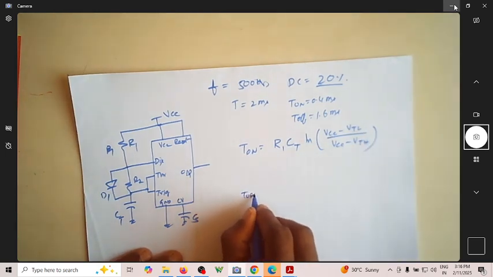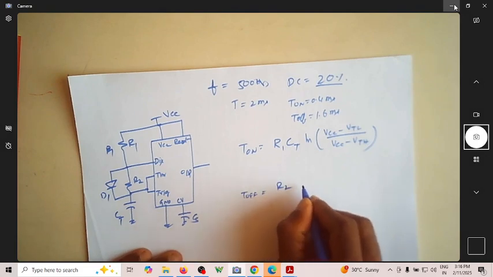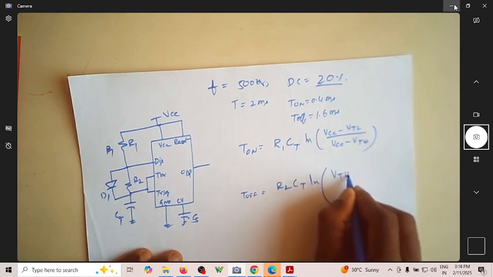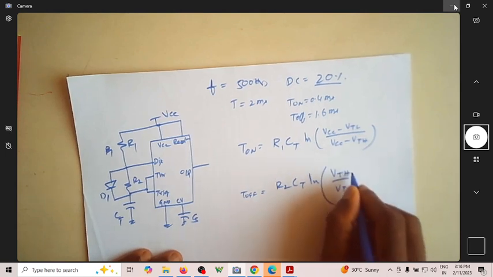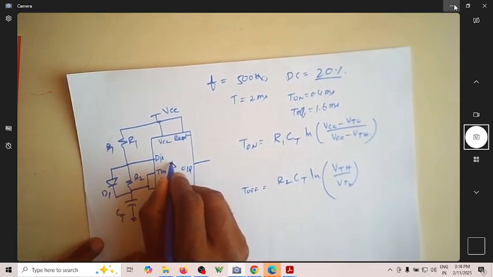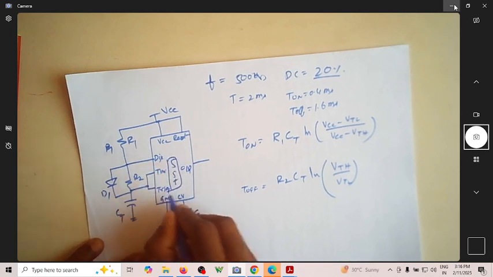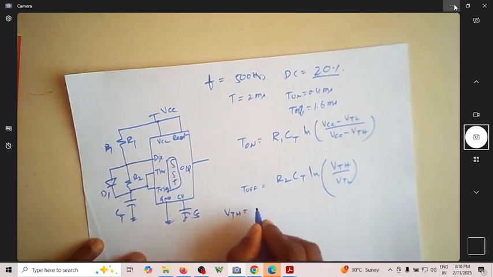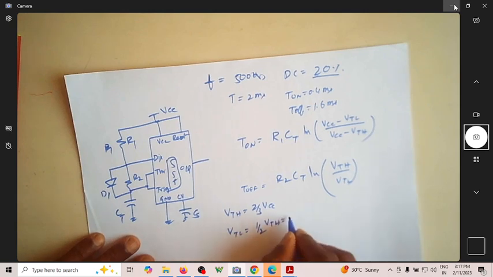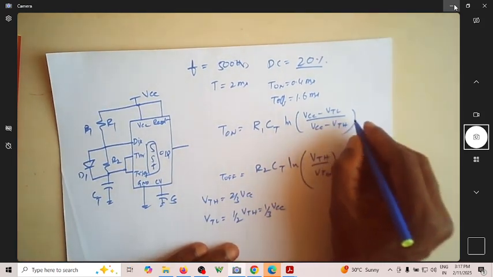Again for T off, it is R2 CT ln of VTH by VTL. Since this is a 555 timer, VTH is equal to 2/3 of VCC and VTL is always half of VTH, it is equal to 1/3 of VCC.